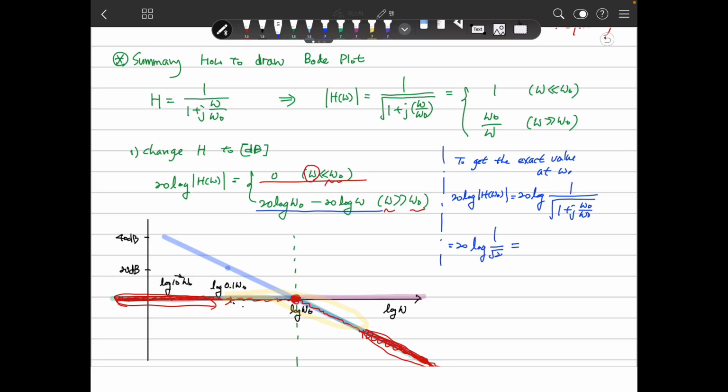If you use a calculator, the result is minus 3.01 dB.